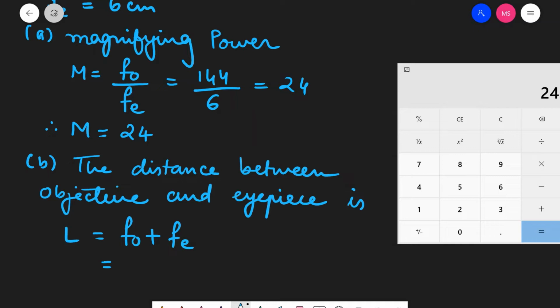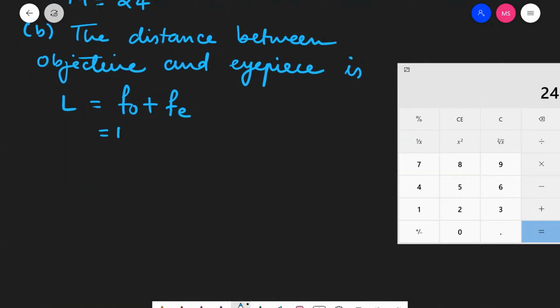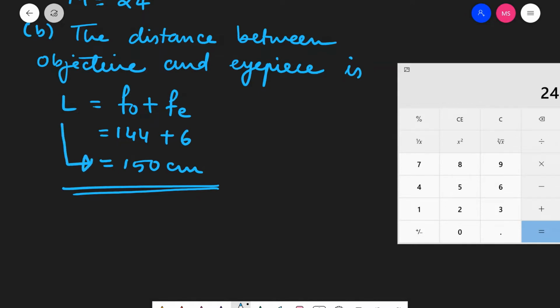So FO is 144 plus 6, so that will be equal to 150 centimeter. So the separation between objective and eyepiece is 150 centimeter.